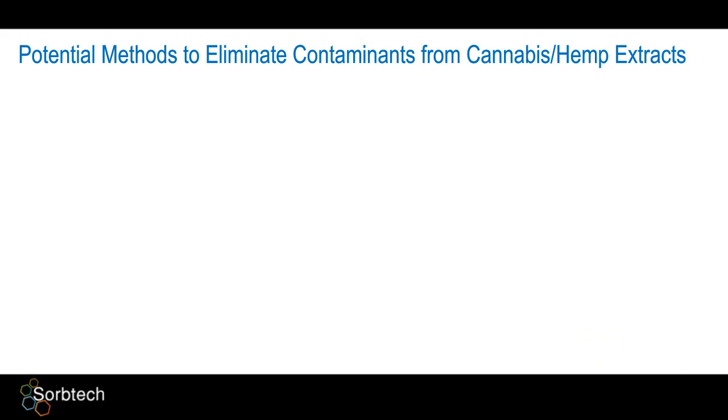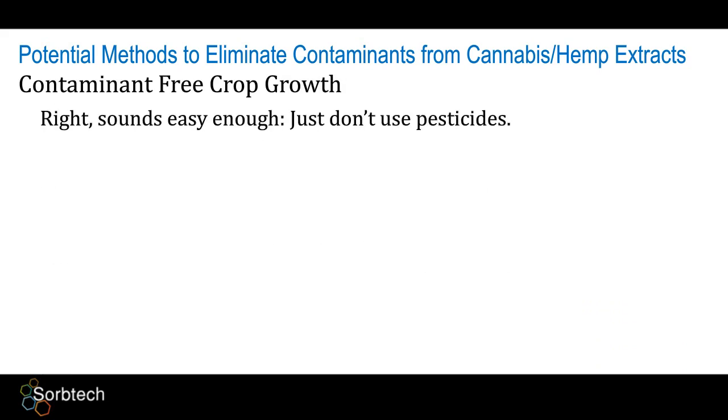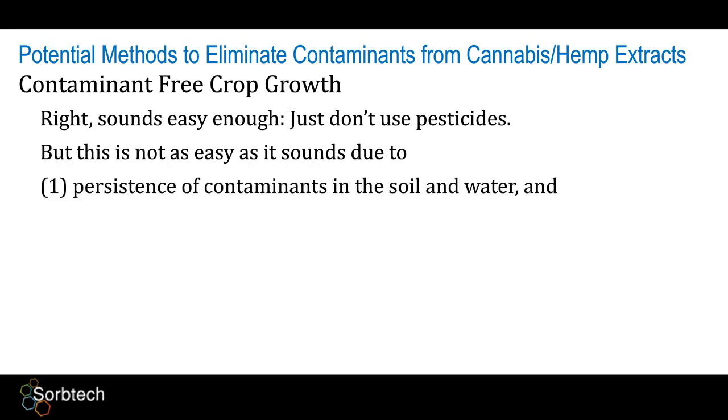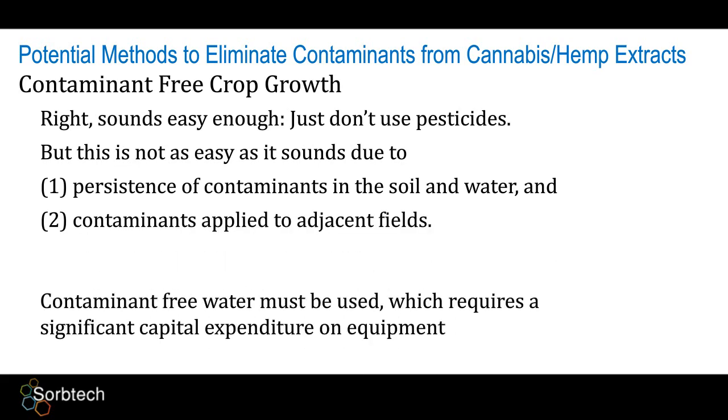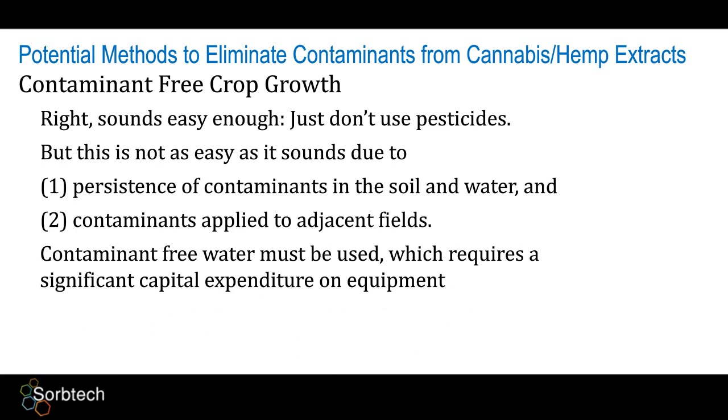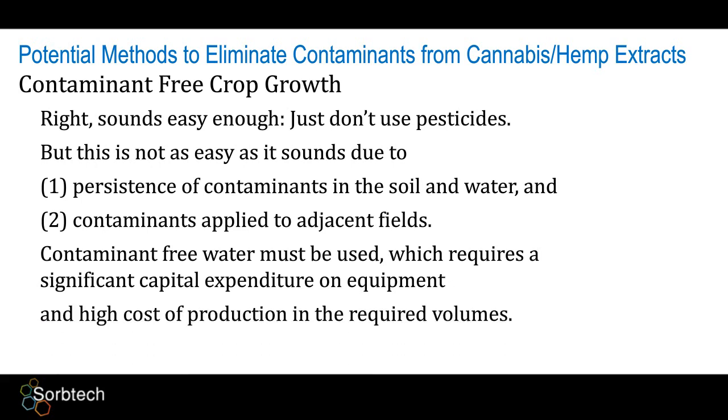Contaminant-free crop growth sounds easy enough, it sounds great. Just don't use pesticides. But this is not as easy to accomplish as it sounds, due to persistence of contaminants in the soil and water, and contaminants applied to adjacent fields. Contaminant-free water must be used, which requires a significant capital expenditure on equipment and a high cost of production in the required volumes.